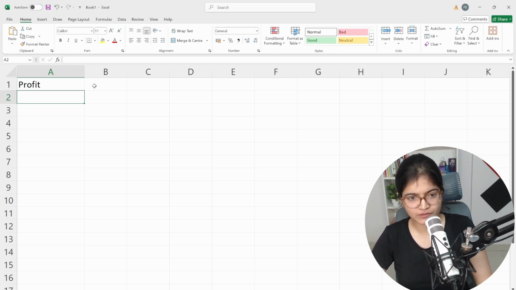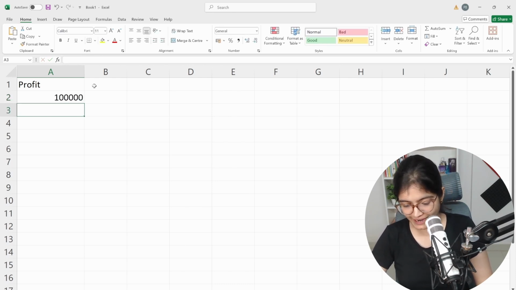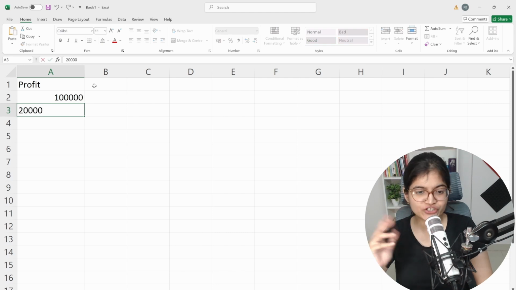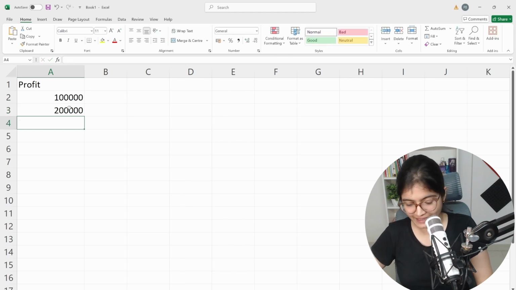maybe in the very first month, I got the profit as 1 lakh. Then I got the profit as, let's say, 2 lakh. Intentionally, I'm writing simpler numbers so that it will be easy to follow, right? Then let's say I'm getting 2.5 lakh.